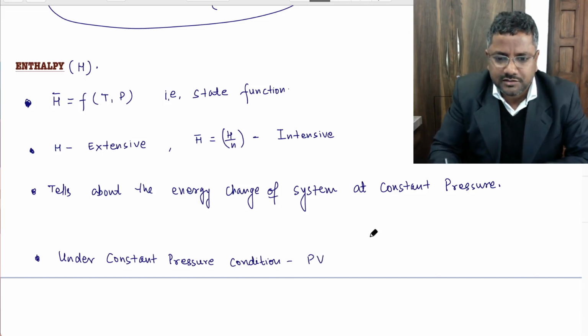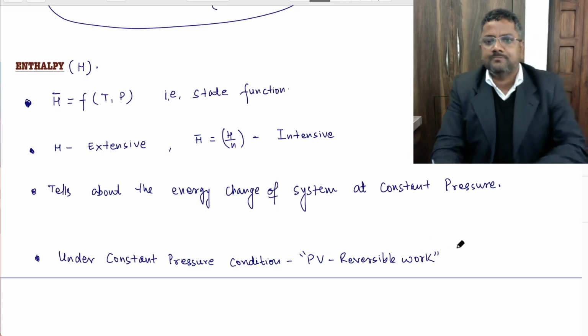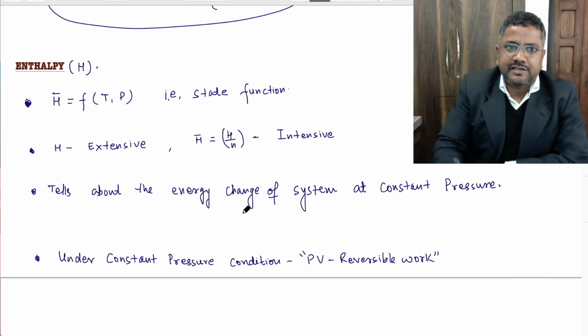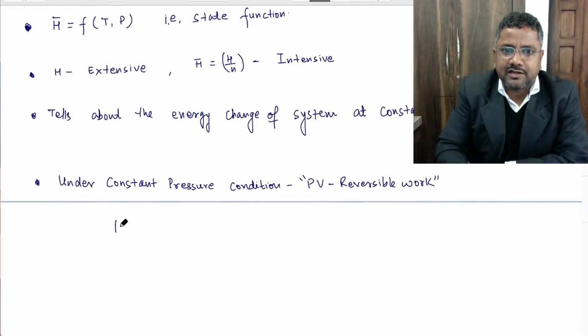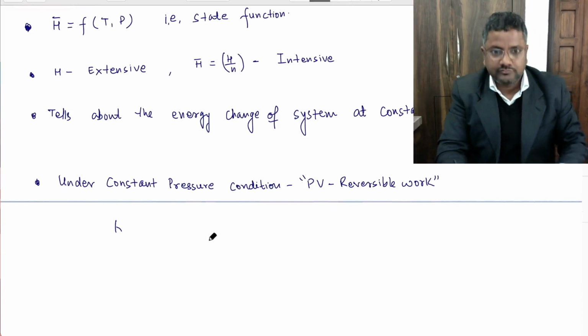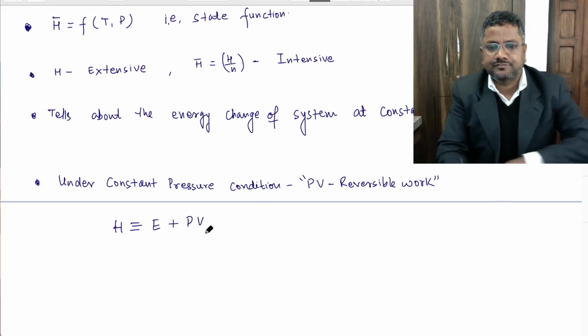Constant pressure condition, PV reversible work is there, right? So H and E are defined mathematically like this: H is equal to E plus PV, right?